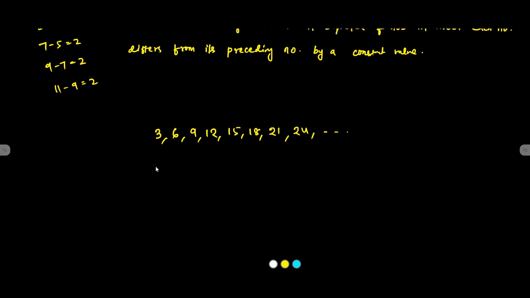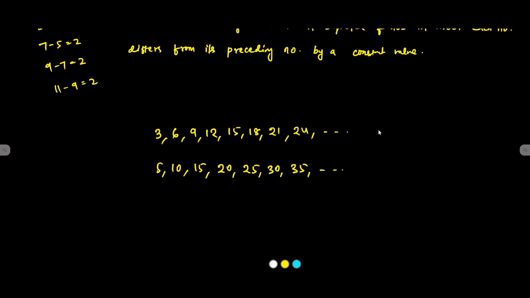Or it can be 5, 10, 15, 20, 25, 30, 35, and like that. So here each term differs from the preceding term by 3. 6 minus 3 is 3, 9 minus 6 is equal to 3, 12 minus 9 is equal to 3, 15 minus 12 is equal to 3, 18 minus 15 is equal to 3, 21 minus 18, 3.